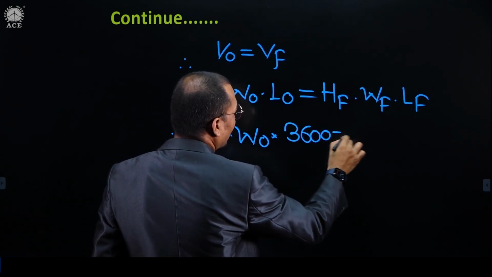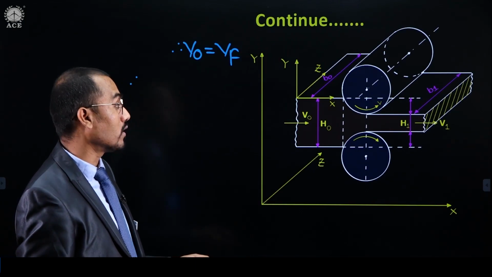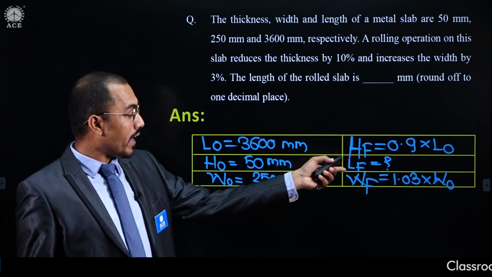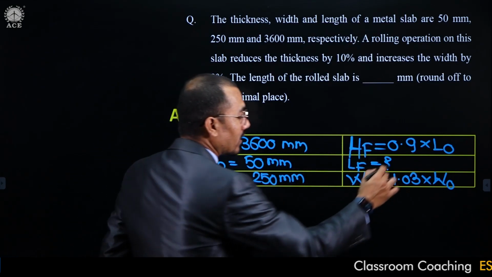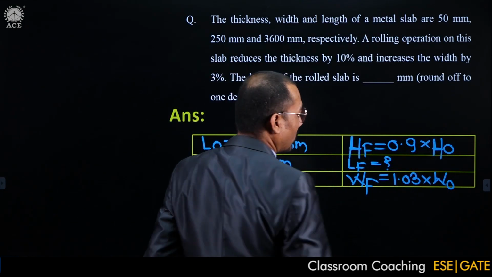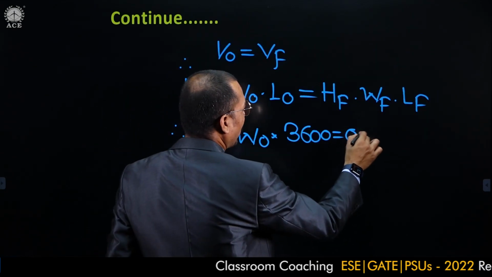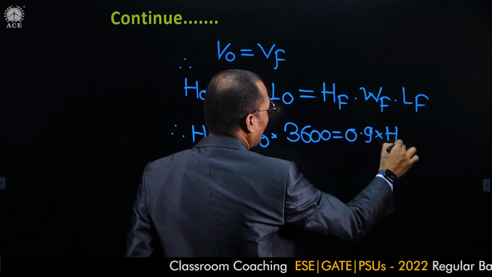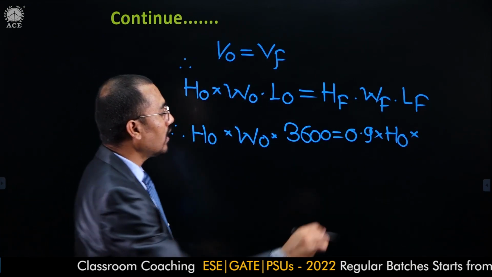3600 is equal to final length, and we all know that the final thickness is reduced by 10%. That is, final thickness is 0.9 multiplied by H naught. So this is 0.9 into H naught multiplied by WF. What is the final width?